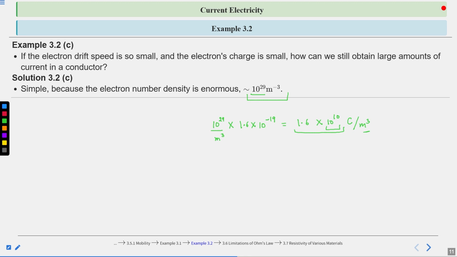Even if the drift speed is small and the charge on an electron is small, the number density is very large, due to which the charge present in the conductor per meter cube is very large, and so we obtain large amounts of current in a conductor.